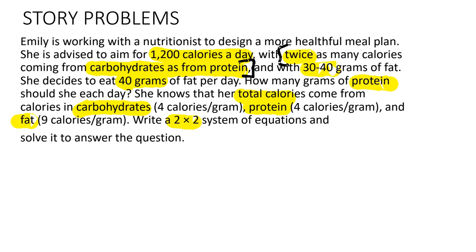But the nice part about the F is that we are told right here. She's choosing to eat 40 grams of fat per day. So technically, we're getting rid of this variable.